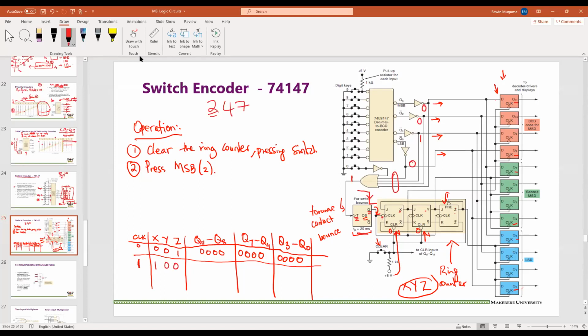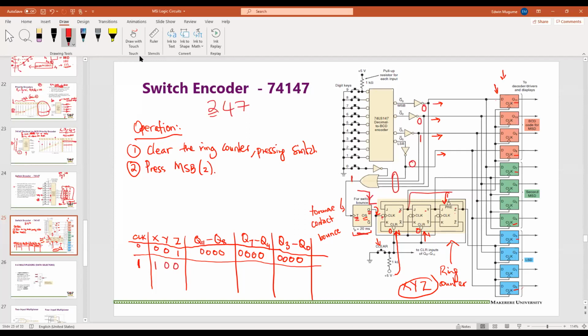When that happens, it means that X now is a 1, or in other words, X has moved from a 0 to a 1. If you look at the clock signal of these flip-flops, their clock signal is a PGT. So when X moves from 0 to 1, you see this line here?